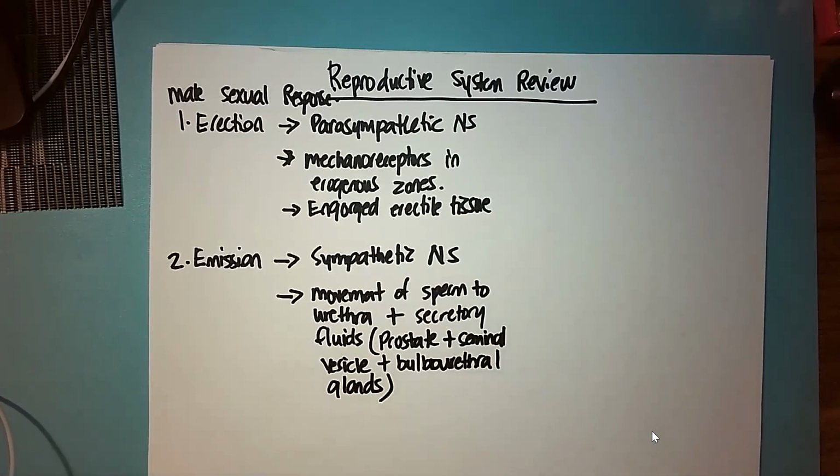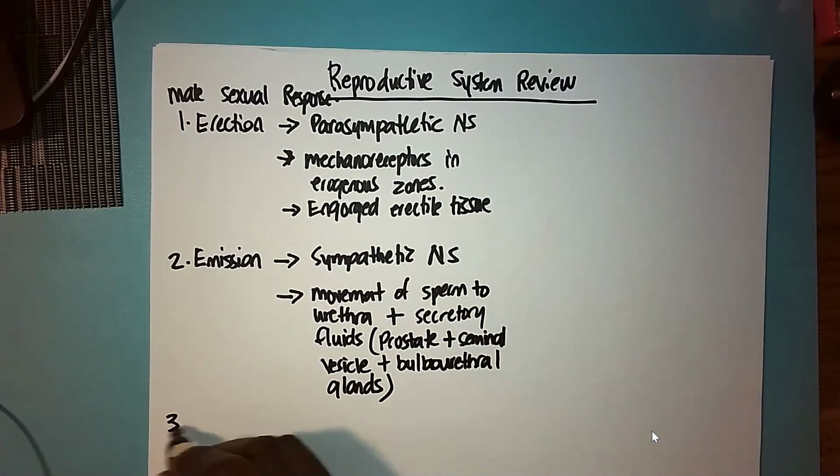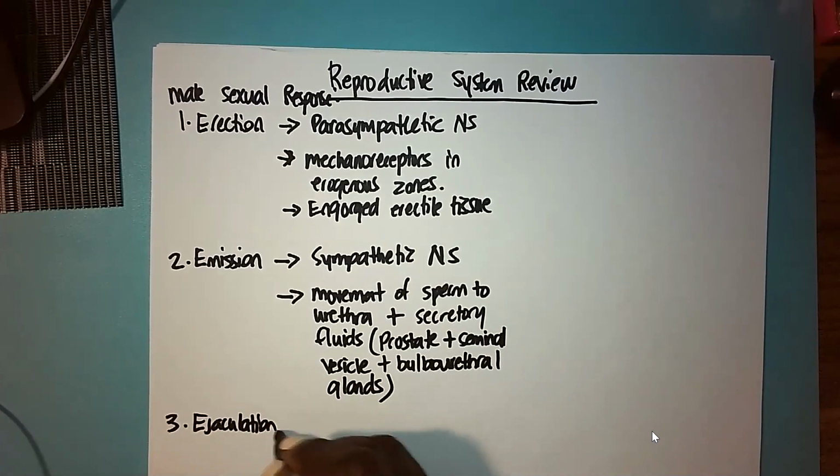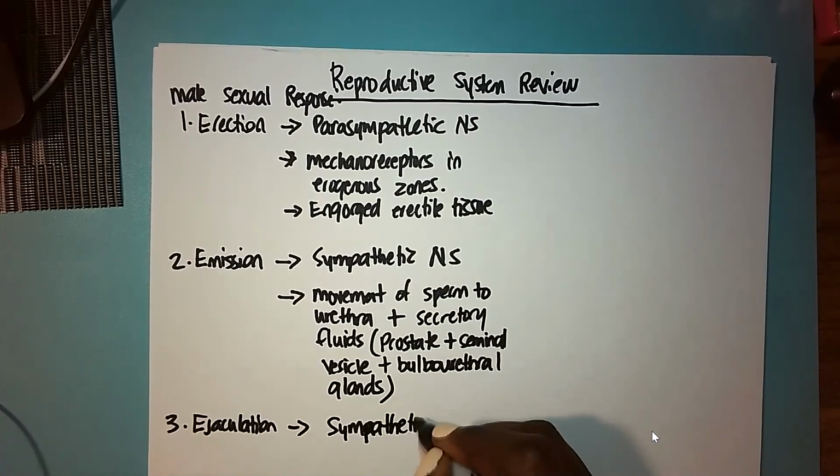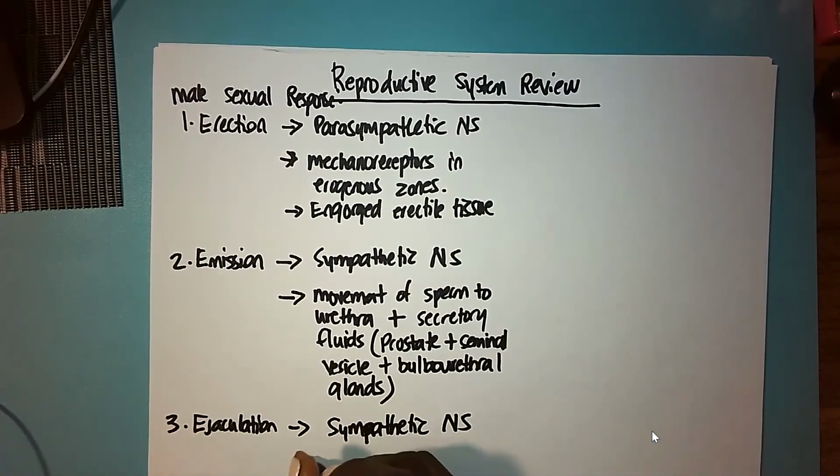Okay. And then finally, ejaculation. Also under control of the sympathetic nervous system. This was the movement of that semen. So the fluid is now called semen when we add these fluids to the sperm.